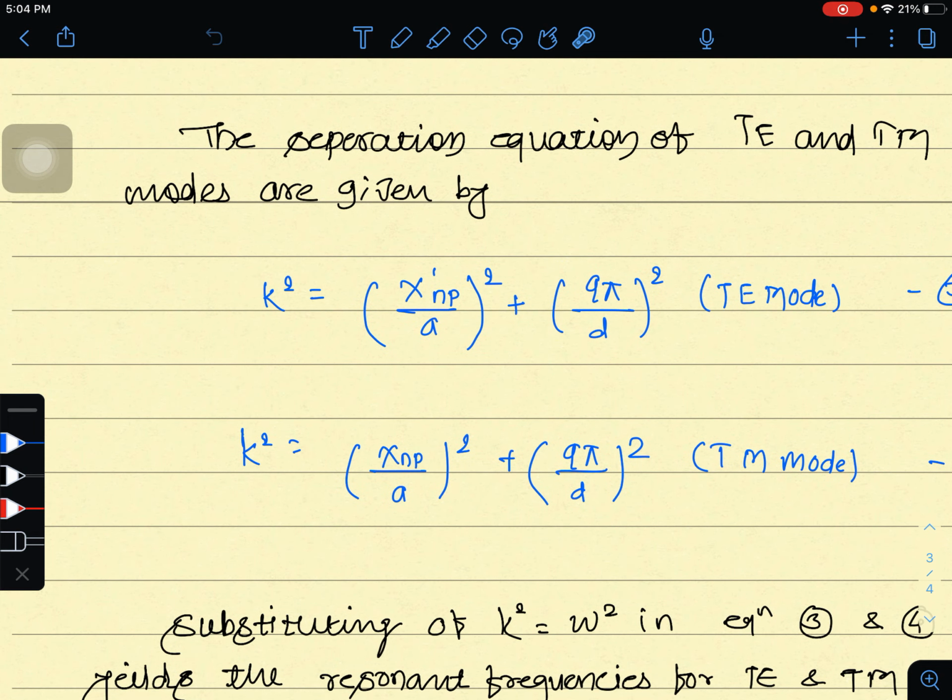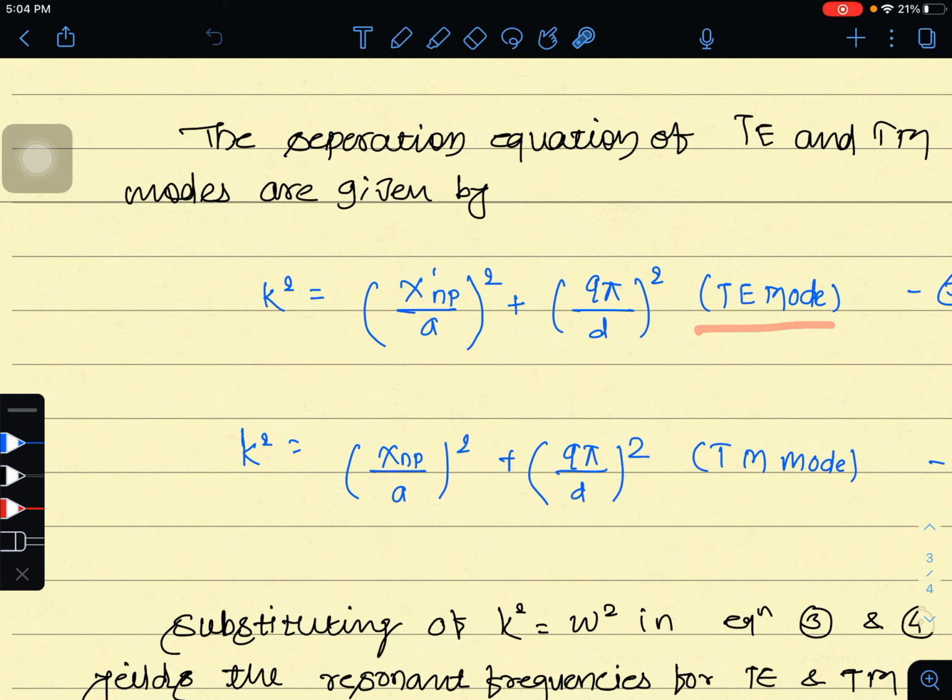And what are these expressions? For the TE mode, k square is equal to (x' np by a) square plus (q pi by d) square.